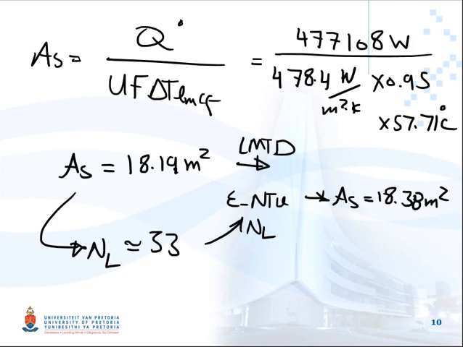For example, when all those values in terms of inlet and outlet temperature of cold and hot fluids are available, the LMTD method is very straightforward and easy, because by knowing all those temperatures, you can easily calculate the delta T LM.